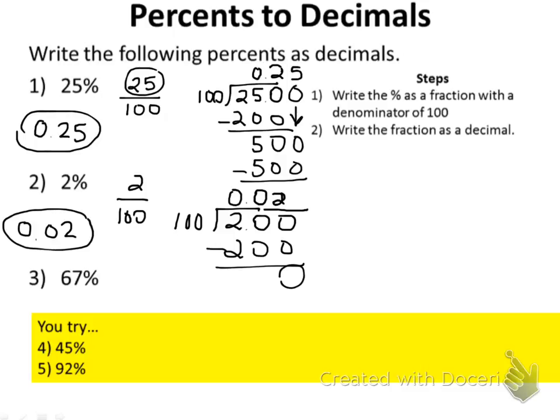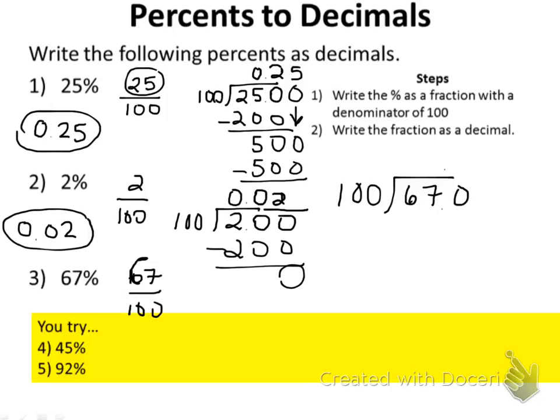That's interesting too. Let's see if it works for our last one. 67%, which is 67 hundredths, would be 67 over 100. Now I need to divide my numerator by my denominator, so I take 67 divided by 100. Well, 100 can't go into 67, so I add my decimal and a 0.